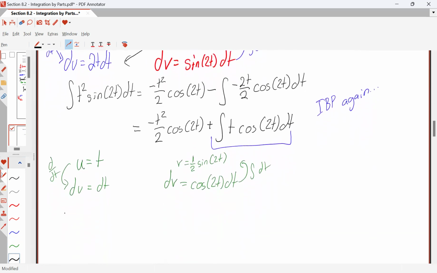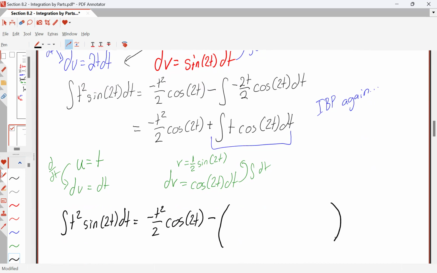Copying the parts we already have, we already know the integral of t squared sine 2t dt is equal to negative t squared over 2 cosine 2t minus. Now here's the thing that we have to take the integration by parts on again.